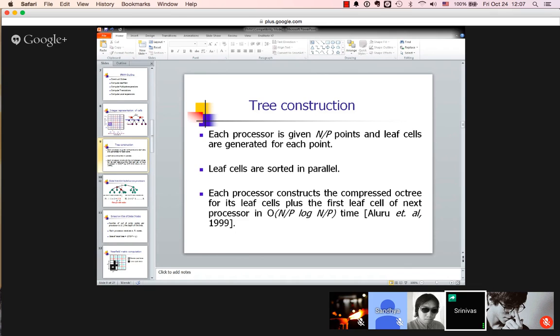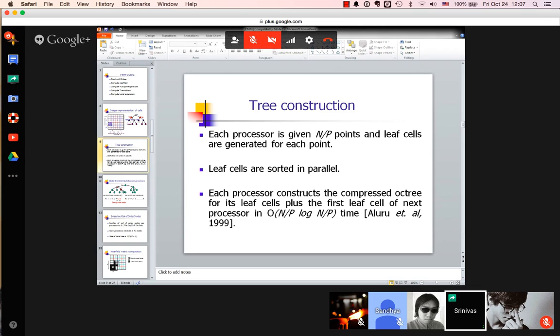That essentially rearranges these points so that they are sorted in Morton order globally. Now, it is correct to say that the leaf boxes within a processor are ordered according to Morton ordering because we just did that. Using that ordering, take your n over p leaf boxes and the first box of the next processor and together locally construct an octree using the same domain for everybody.